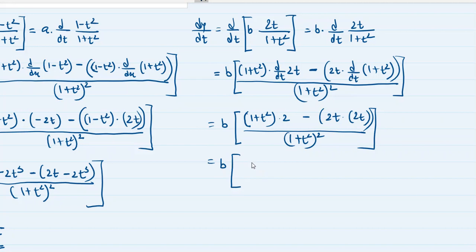Okay, so this will become 2 plus 2t square minus 4t square, the whole upon 1 plus t square the whole square.